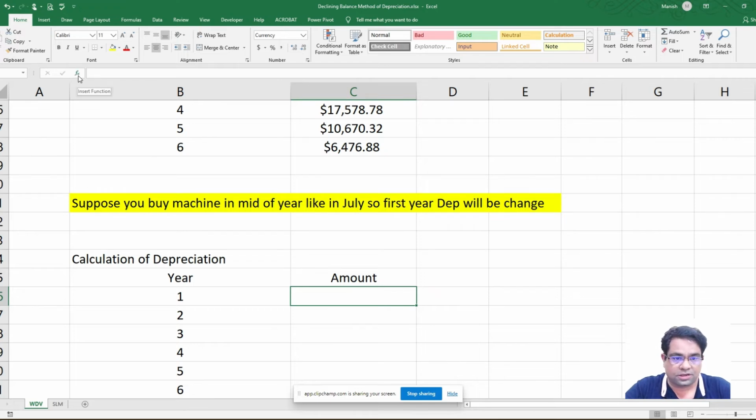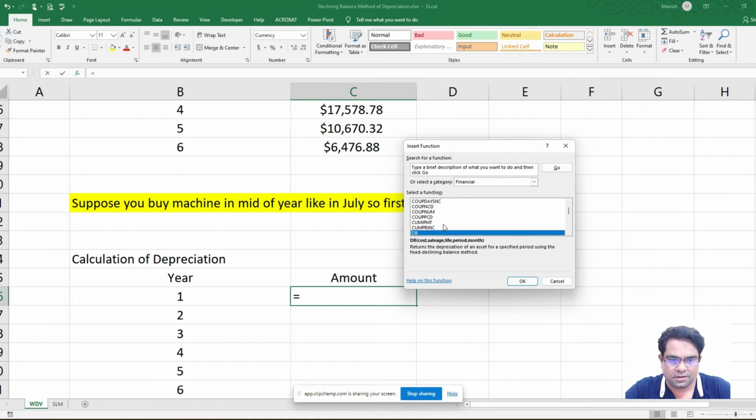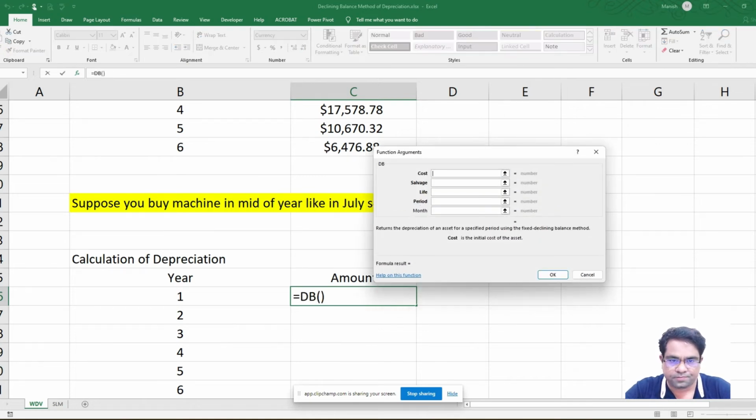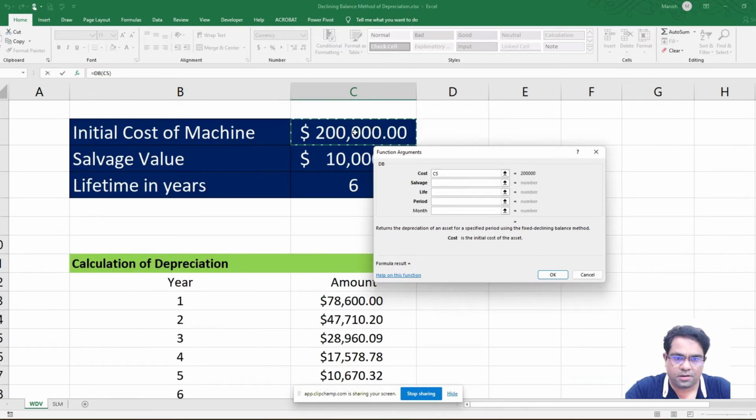Use DB: cost, comma, salvage value, life, period.